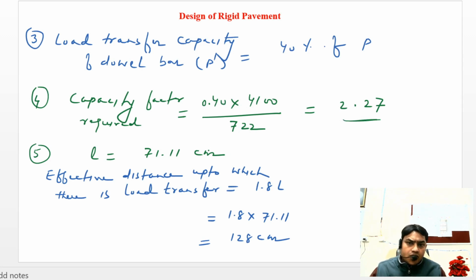Now we have to check whether the capacity factor required is okay or not, that is, the capacity factor provided should be greater than the capacity factor required. So the capacity factor provided can be computed by the following expression, where L is the radius of relative stiffness that is given in the question, 71.11 centimeter, and the effective distance up to which there is a load transfer is 1.8 L. So 1.8 into 71, it is coming 128.